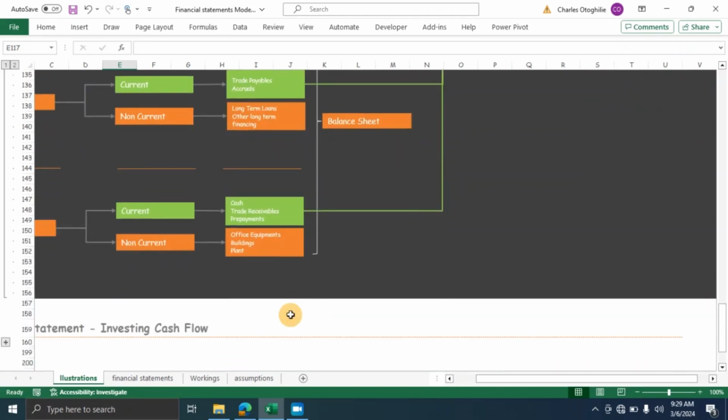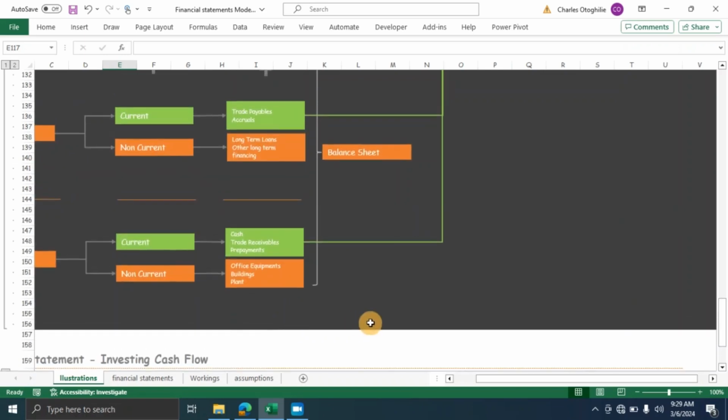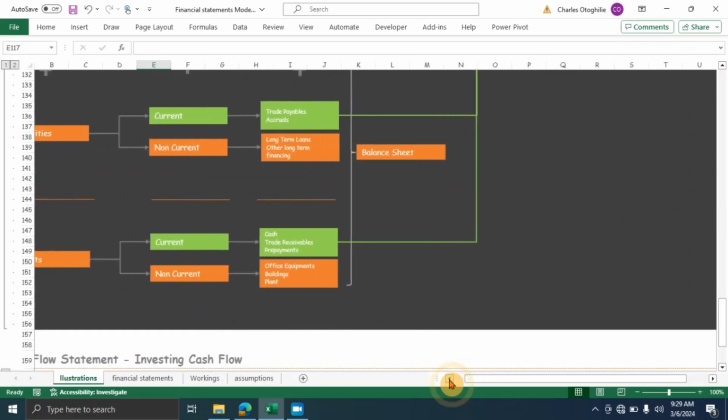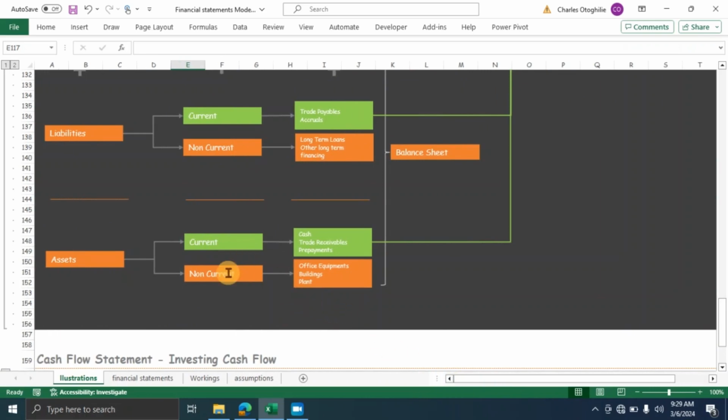Then we have the assets, which are current assets. Remember that for the assets, I am buying these assets, or bringing these assets into the business. In these current assets, if it is trade receivables, those are sales that I have made, and I'm looking forward to cash coming into the business in the near future. So they are assets to me.